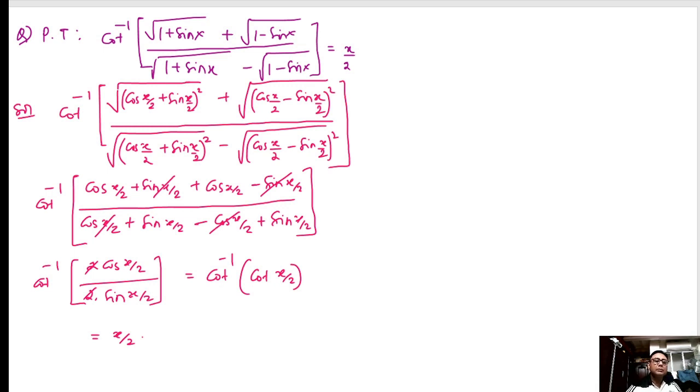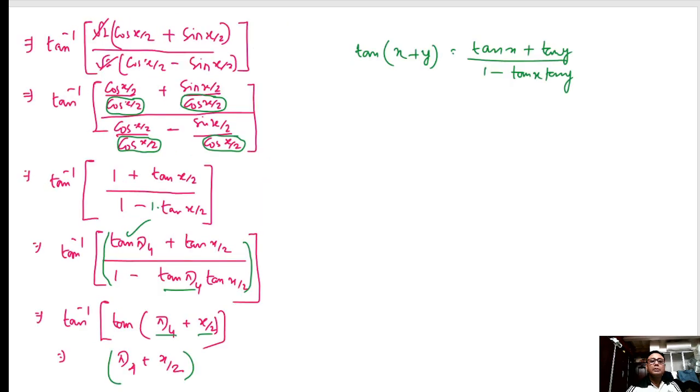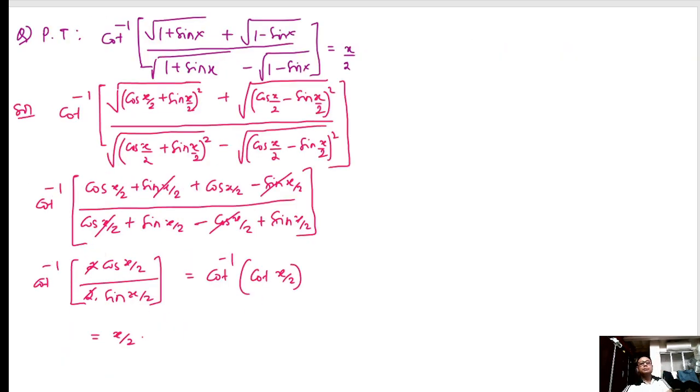So now using this, next sum, let us see what is there. Prove that cot inverse of this plus this by this minus this is equal to x by 2. As I already showed you, 1 plus sine x has the formula cos x by 2 plus sine x by 2 whole square. 1 minus sine x, this is the formula cos x by 2 minus sine x by 2 whole square.